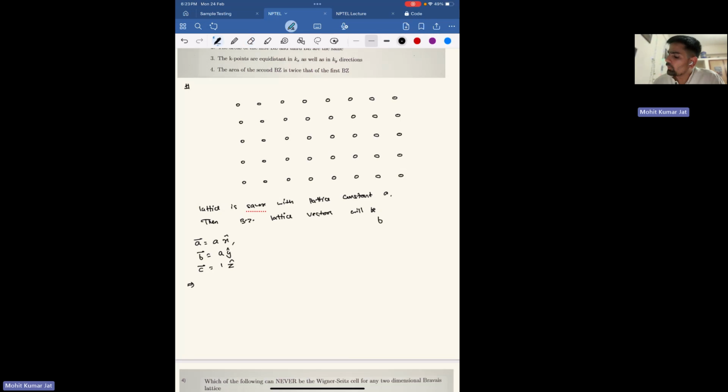So b1 will be 2 pi a2 cross a3 divided by a1 dot a2 cross a3.